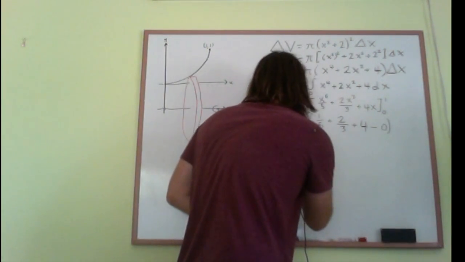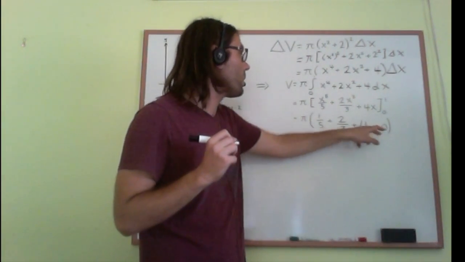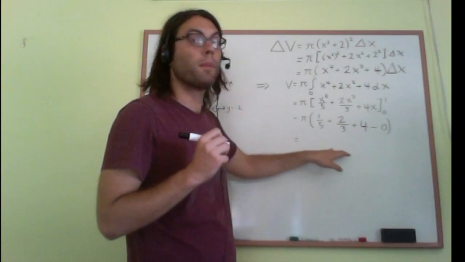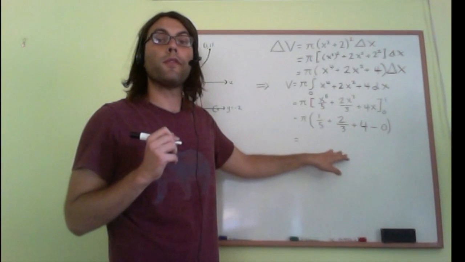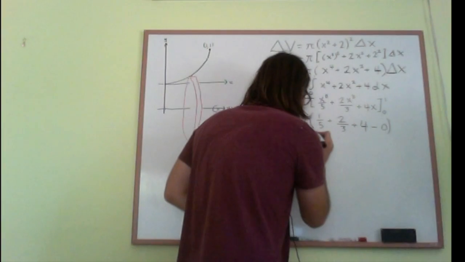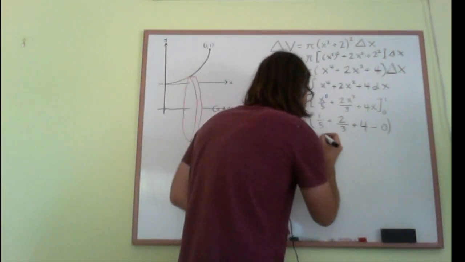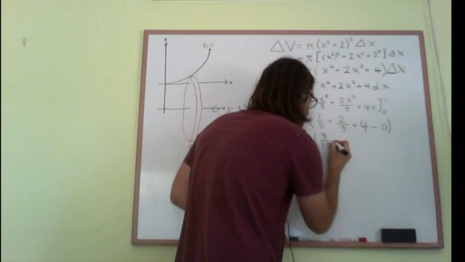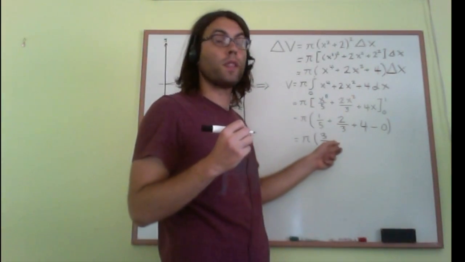Now anything minus 0 is just that thing, so this minus 0 is going to be this. I'm going to rewrite this in the next step. However, I'm going to do it with a common denominator of 15 so we can add the fractions. 1/5 is 3 over 15. 2/3 is 10 over 15.